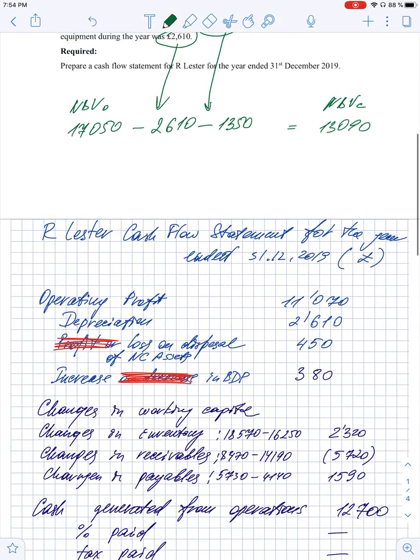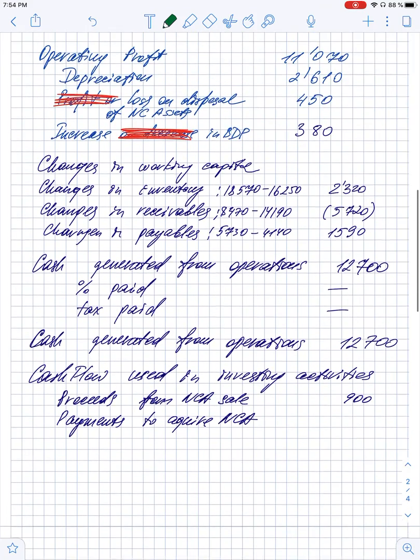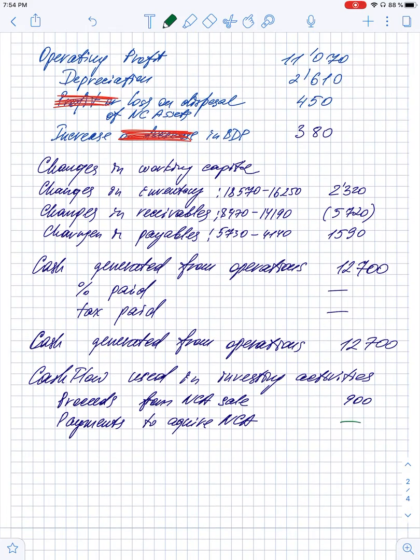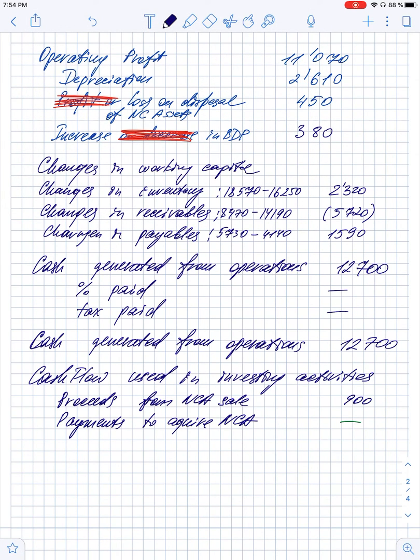And now we have just proven that nothing was bought, so for now that line would be blank, would be zero. And we can calculate cash from investing activities.